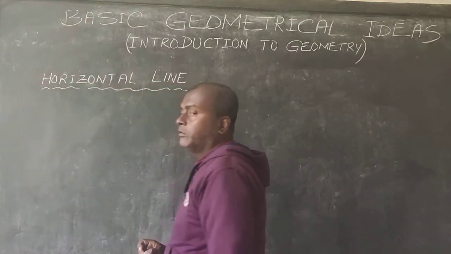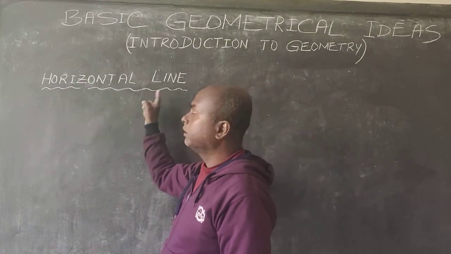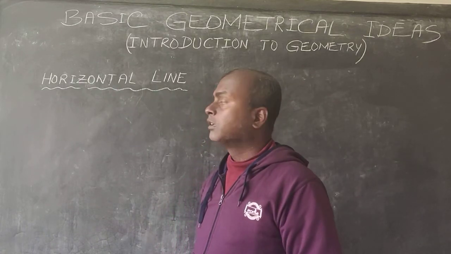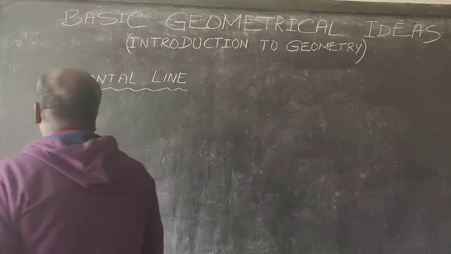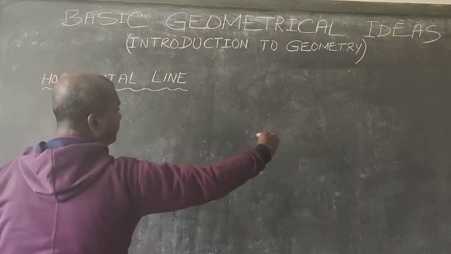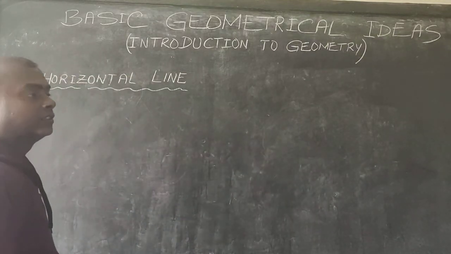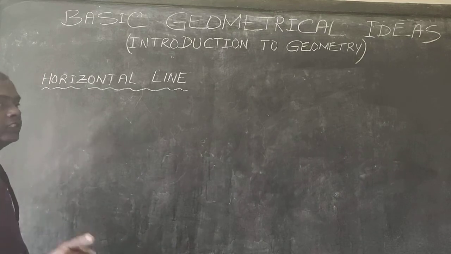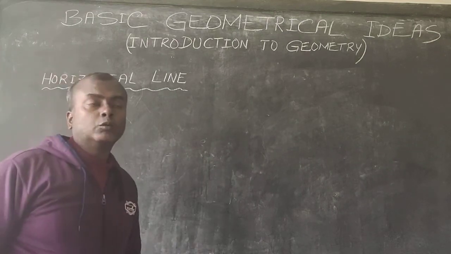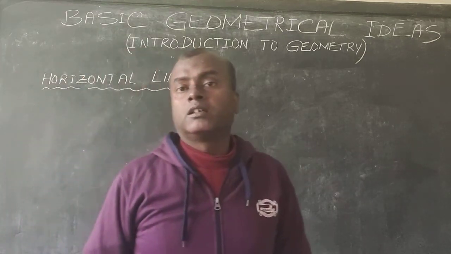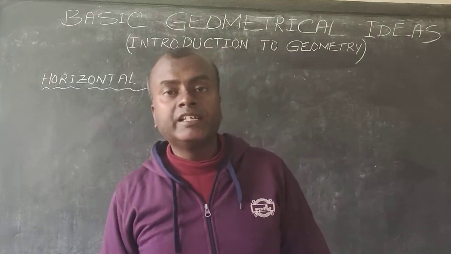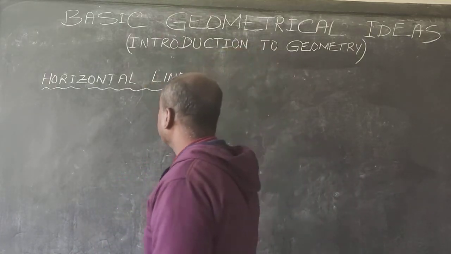Next about line that we need to know is horizontal line. Horizontal lines are lines which lie down, and in terms of geometry, we say those lines which are drawn at 180 degree. Now what is 180 degree?